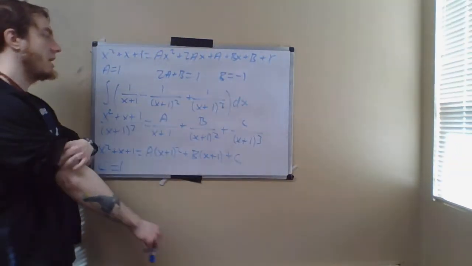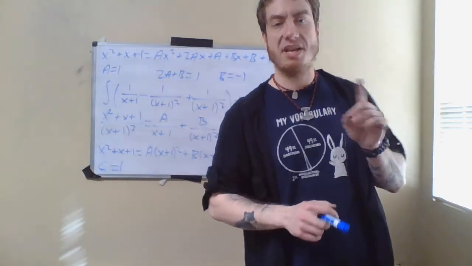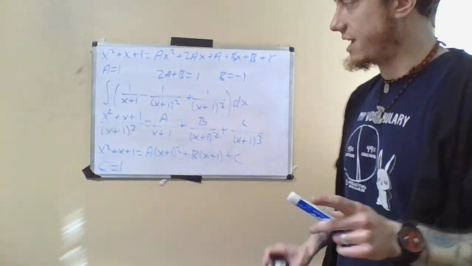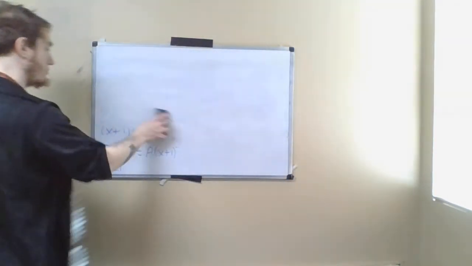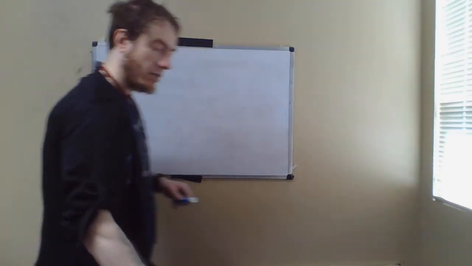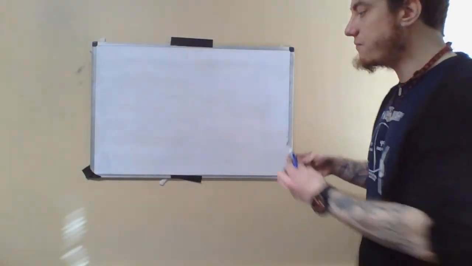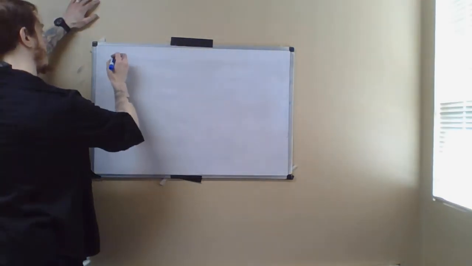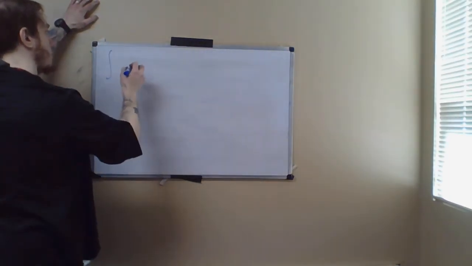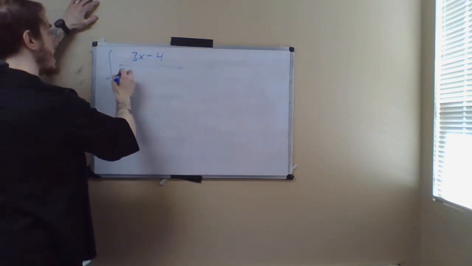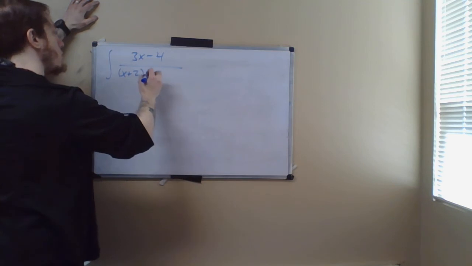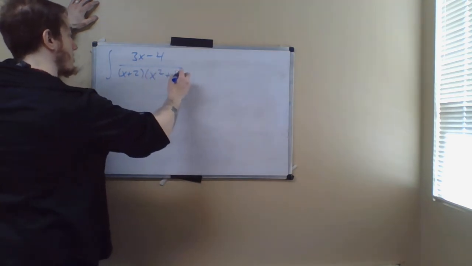Now, there is one more thing that we're going to have to deal with, and I'm not going to deal with it in this lecture. I'm going to put it off to the next lecture, but I do want to mention what it is so that you know where we're going with this. Let me consider, what if I had to do partial fractions on something like the integral of 3x minus 4 divided by x plus 2 times x squared plus 4.